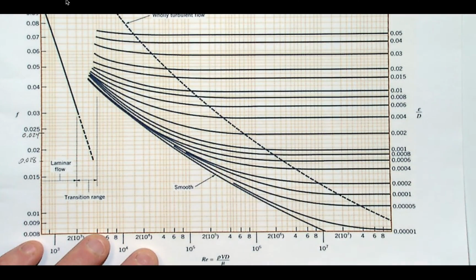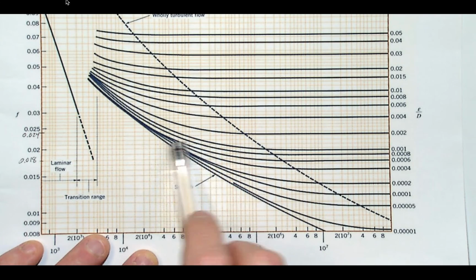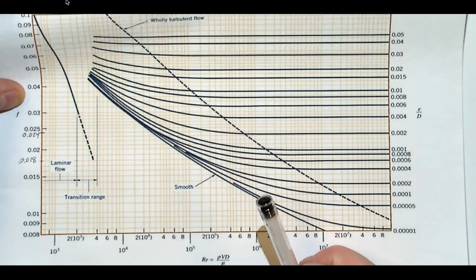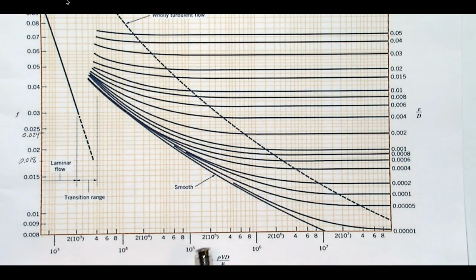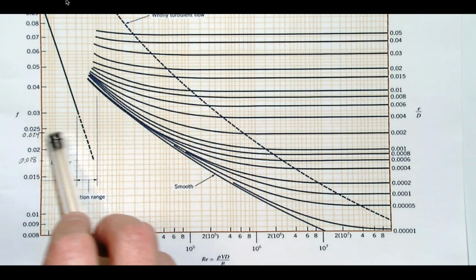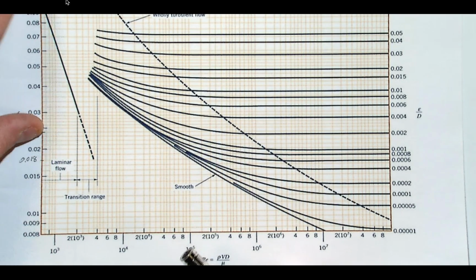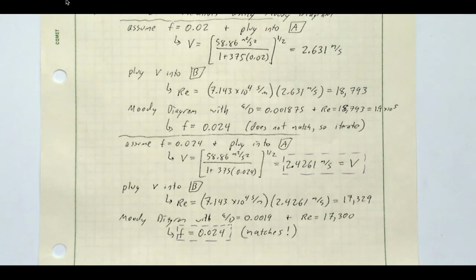We're now kind of right in the middle there. We're a little bit higher than 0.024 now, but we're getting closer, and you could safely assume the actual friction factor is right around 0.024, maybe 0.0245, but I think we're going to call that good. So our friction factor matches pretty well at about 0.024.